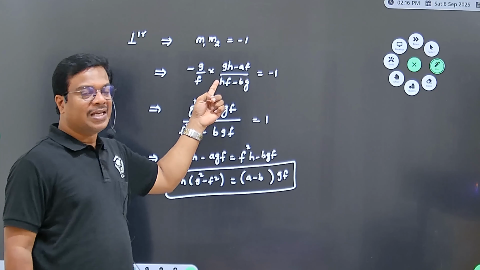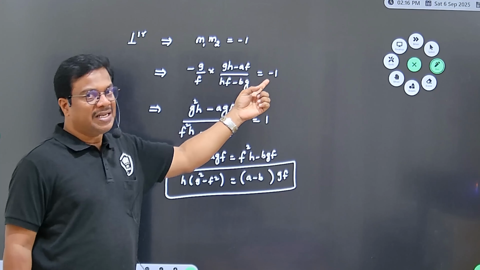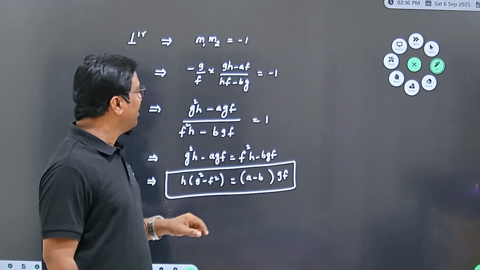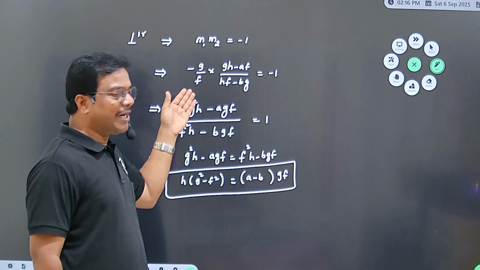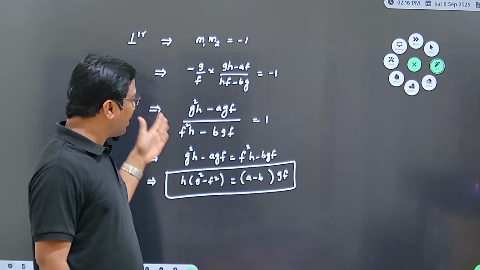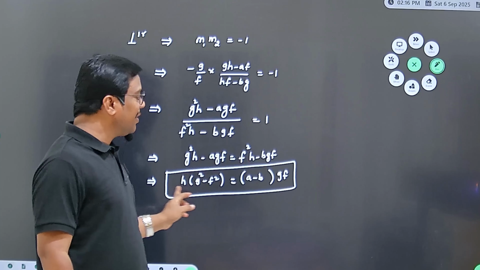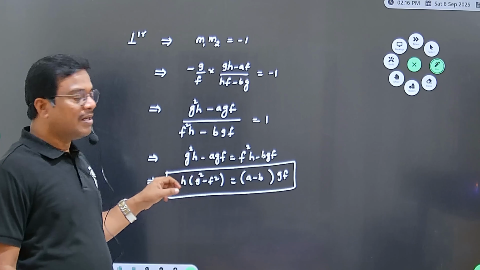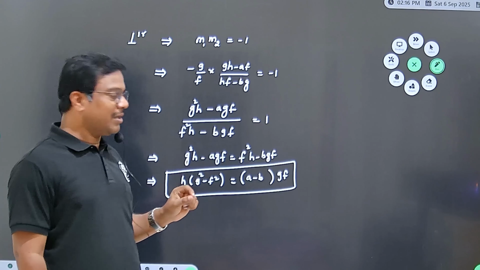The slopes' product is clearly minus 1 when they are perpendicular. Neglecting the negative sign, multiplying with g and f in the numerator and denominator, after cross multiplication you will get this result. So this is the condition for diagonals to be perpendicular.